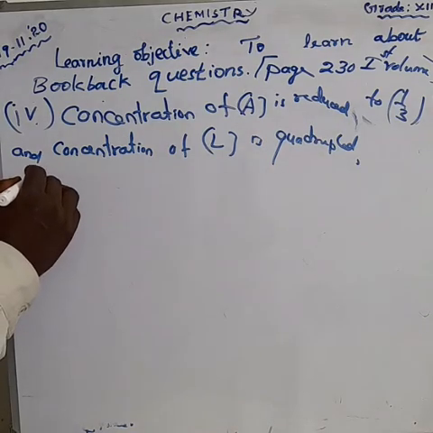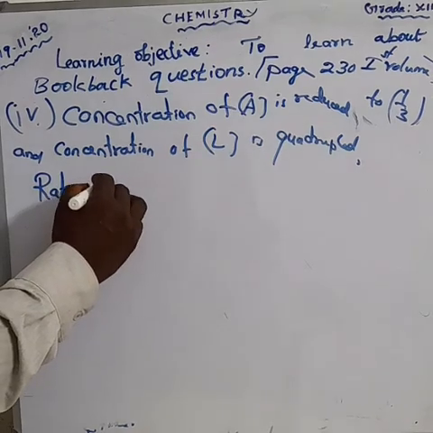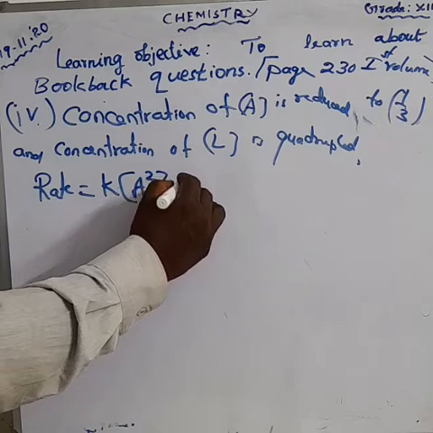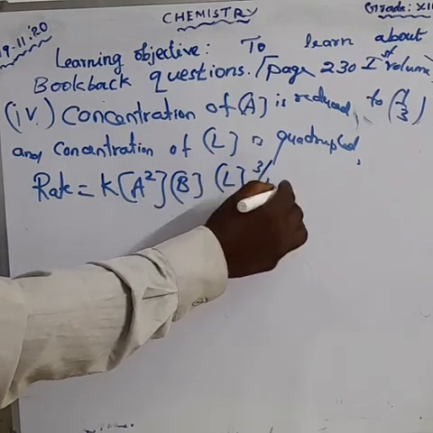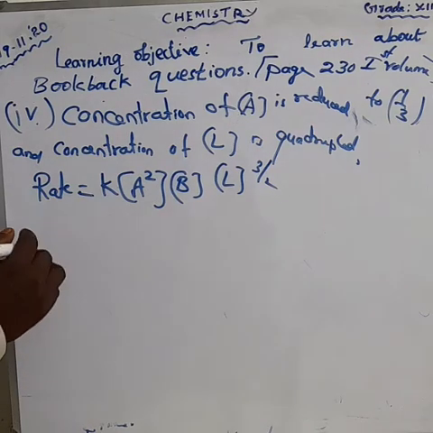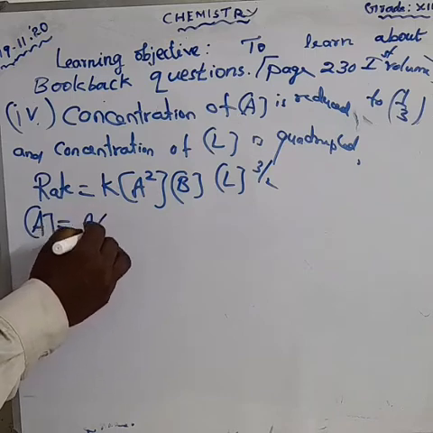What's the rate formula? Rate is equal to K into A square B L 3 by 2. So here, what are the given? As per the question, concentration of A is reduced by 1 by 3, so A is equal to A by 3.